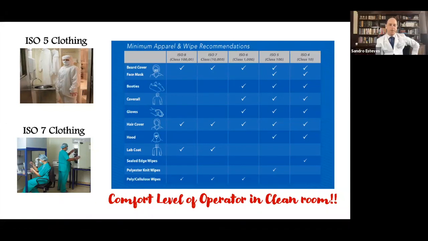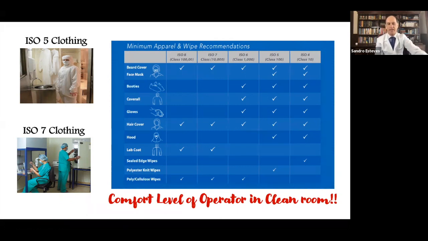Well, we have been working with labs that are ISO 5, let's say IVF labs. So the entire room is ISO 5. When I was showing this way of working in the beginning, people said it's impossible to work in a place like that because the embryologist will be very upset, this and that.